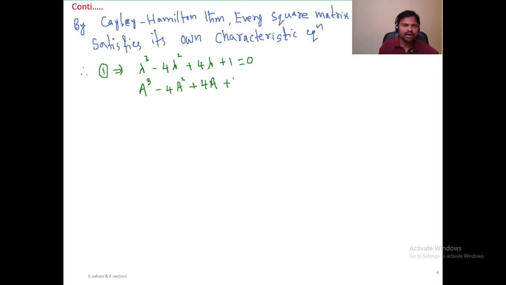So 1 into identity matrix. Now this is the null matrix. So this is by using Cayley-Hamilton theorem. So it has to be satisfied. Then only Cayley-Hamilton theorem is satisfied. So we have to verify this.